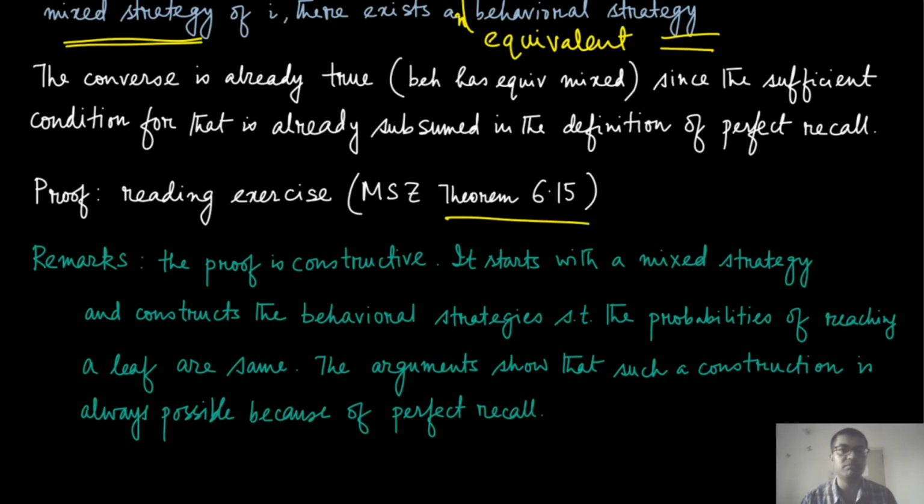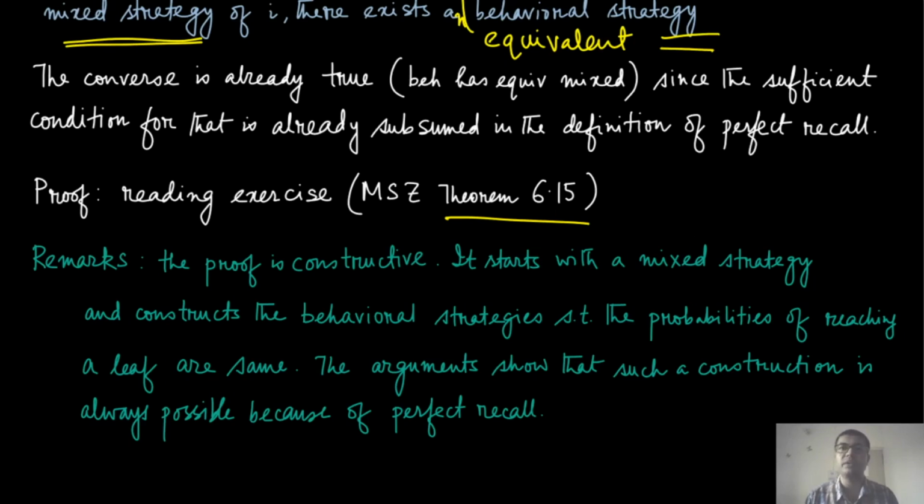So this actually concludes the discussion of the equivalence of behavioral and mixed strategy. It also tells us that for reasonable games, in practice we can assume this notion of perfect recall to be quite reasonable. So for those kind of games, we can talk about the mixed strategy and behavioral strategy interchangeably.